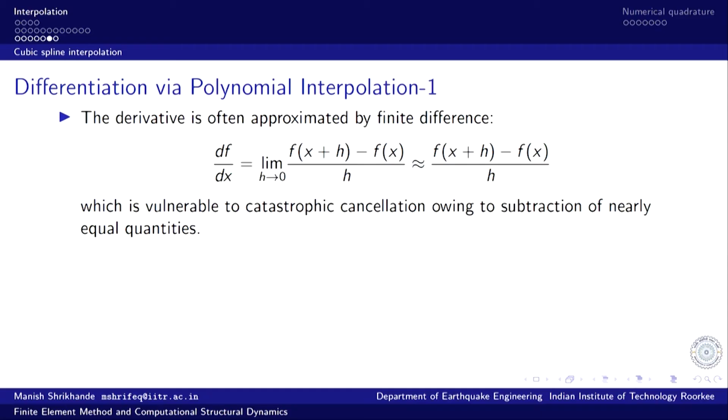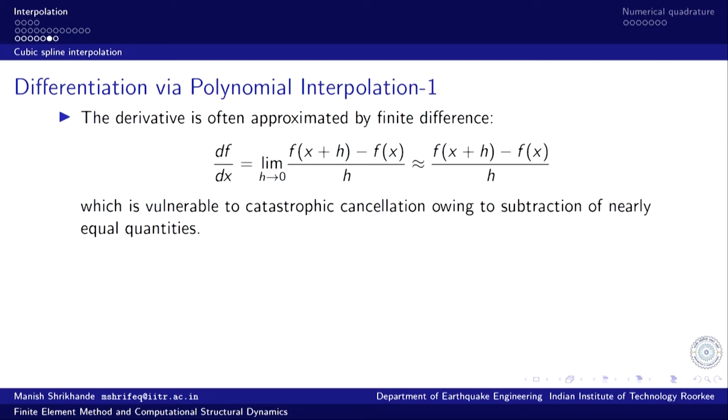Typically, the gradient or derivative of any function is approximated by a finite difference approximation. By theoretical definition it is a limiting operation, and in finite difference we throw out the limiting operation and just take the finite difference: the function values at two different points divided by the difference between those two points.